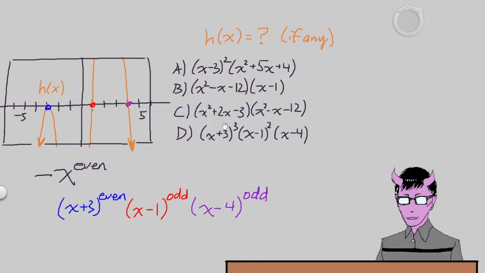So we can already see that A is going to be wrong without even checking the zeros, because partial distribution, we're going to get x squared times x squared with positive sign in the front. So again, we get a positive x squared from here. This is already positive x squared, so when you multiply them, that's positive x to the power of 4. So just by looking at the end behaviors, we can eliminate this one.